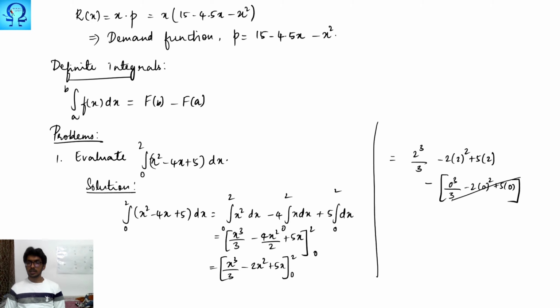So this entire quantity is 0, and the first quantity gives you 8 upon 3 minus 8 plus 10. So it is 8 upon 3 plus 2, and when you do it, it is about 14 upon 3. Right?